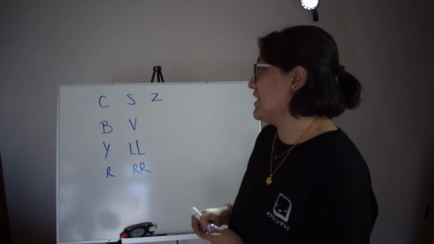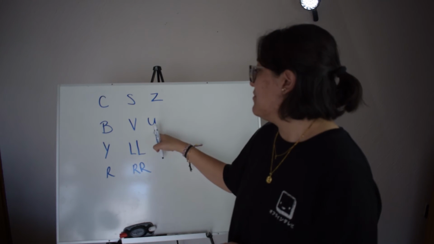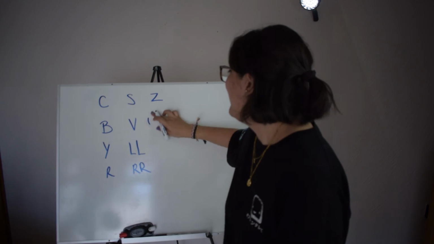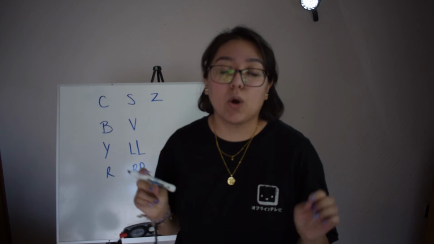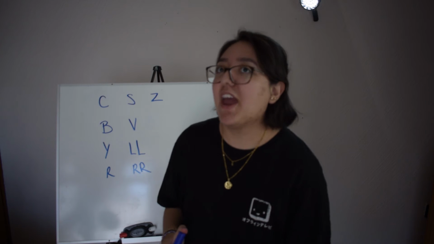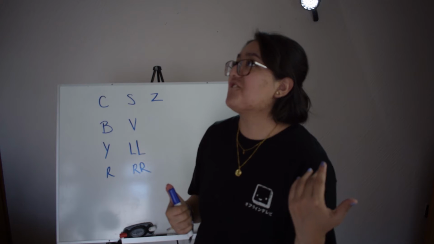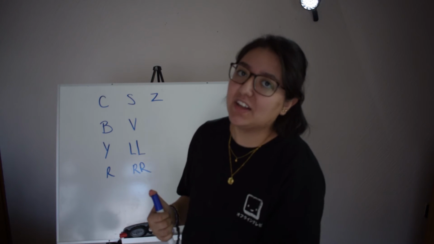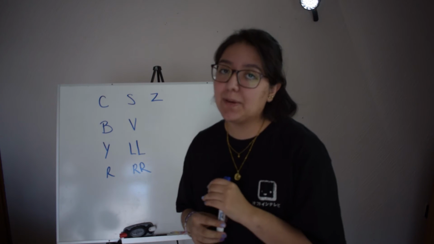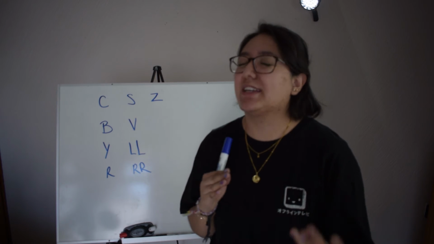This kind of looks like U, but at the same time is a B. So V, like very or villain, yeah. It doesn't exist in Spanish, okay? There might be people who pronounce it like that, but it doesn't really exist.